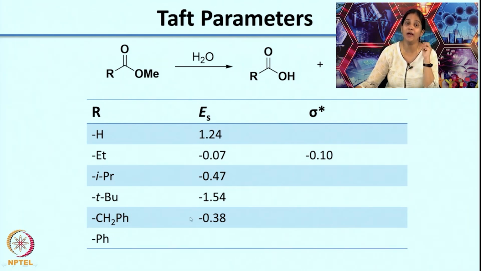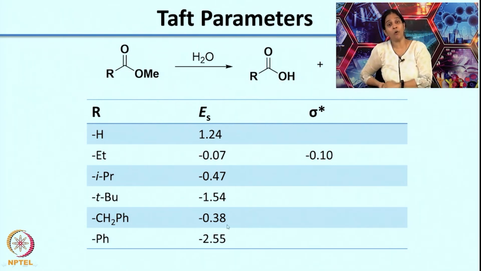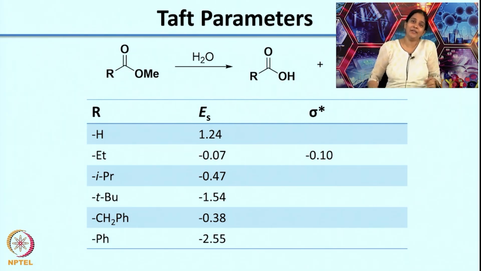Remember in benzyl you have a CH2, whereas in isopropyl you have CHMe. Now phenyl, this is very surprising. For this particular reaction, phenyl is found to be even more bulky than T-butyl. This is not always the case, but in this particular reaction phenyl group appears to be more bulky than the T-butyl group.